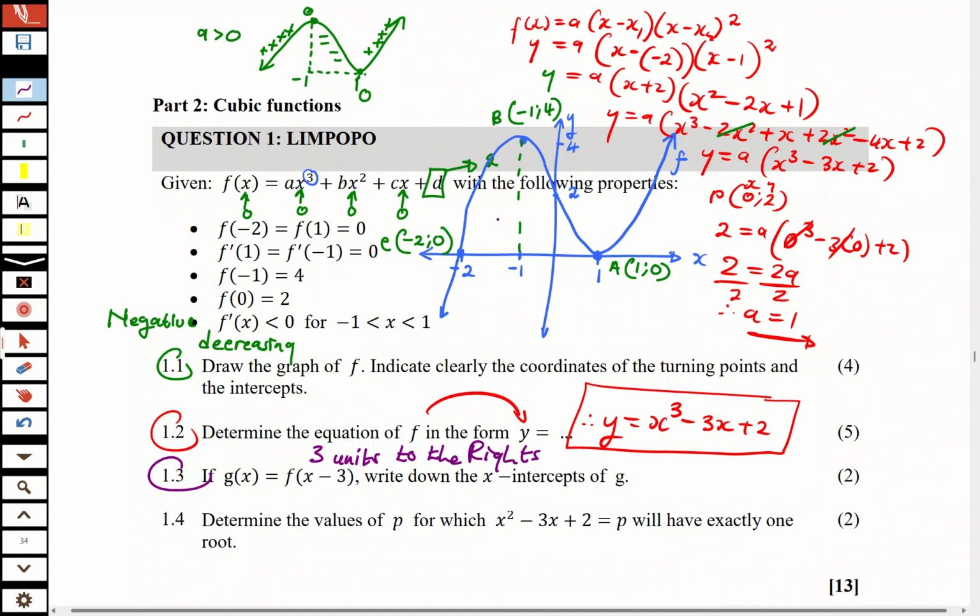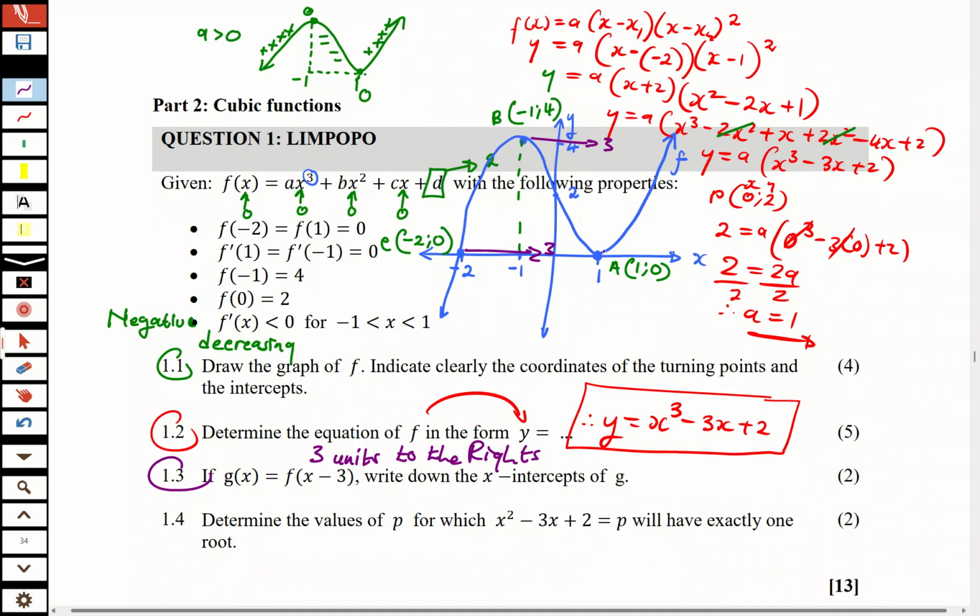So since you're shifting your original function, these 2 will still remain to be 2. And then here you'll have a certain x value, but it will not still be 1. And the maximum will not be happening at -1 there. Maybe here, or maybe this one there. You see, so you're just taking this function and then moving it 3 units to the right there.